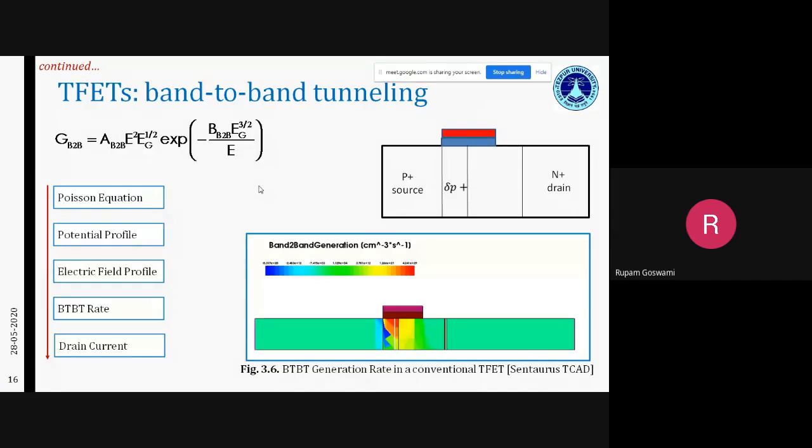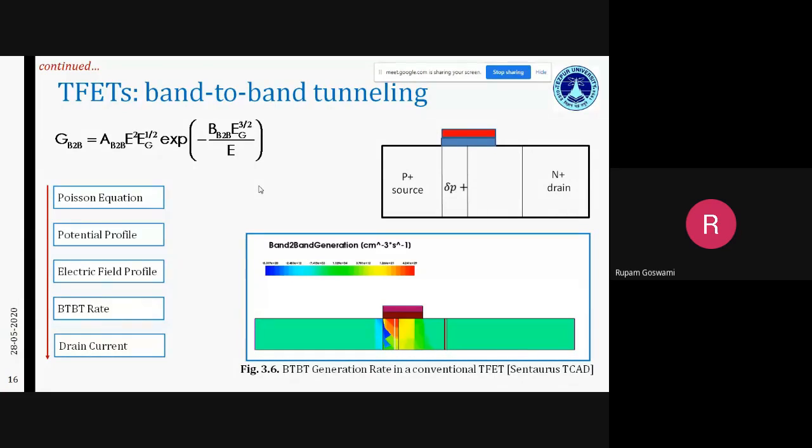But the point here is not the accuracy of your potential profile or your electric field profile. The point here is what you are contributing to the research domain. The contribution will be very much significant when you give a closed form expression of the drain current.